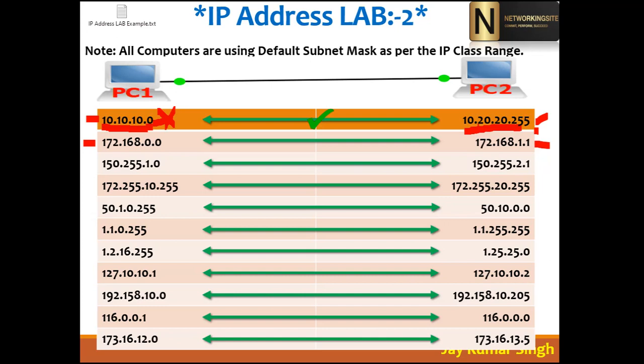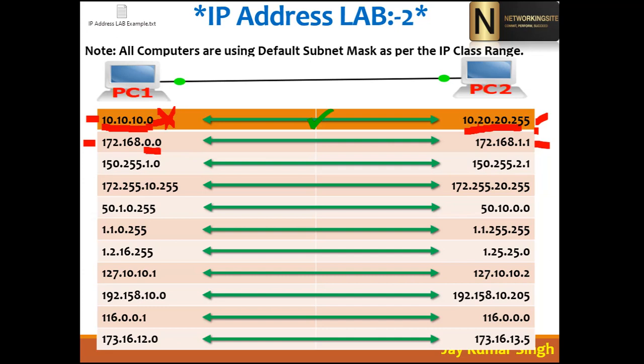How many network parts and how many host parts are there in class B? Two, right? So according to the example I told you, all host parts cannot be zero.